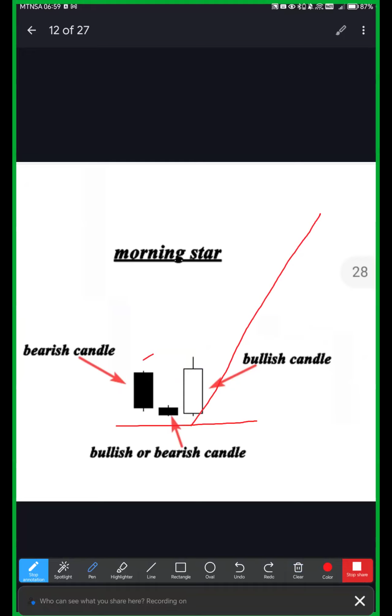This is a combination of the morning star family. When the morning star appears, you should know that traders are going to have a good day in the market. When a morning star appears, it means the market is going to signify bullish.